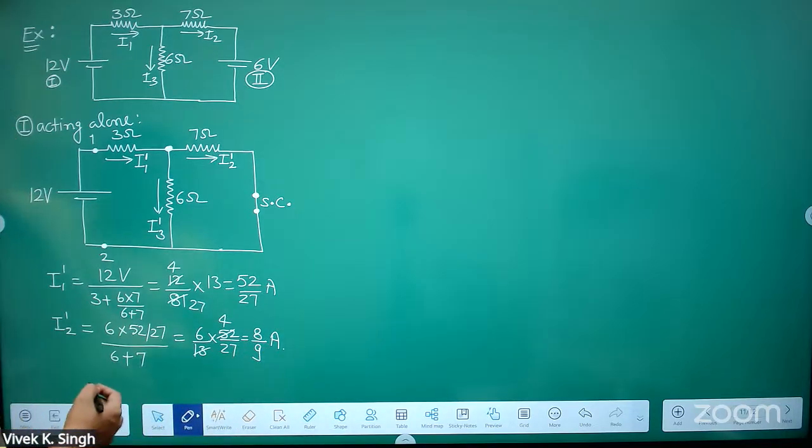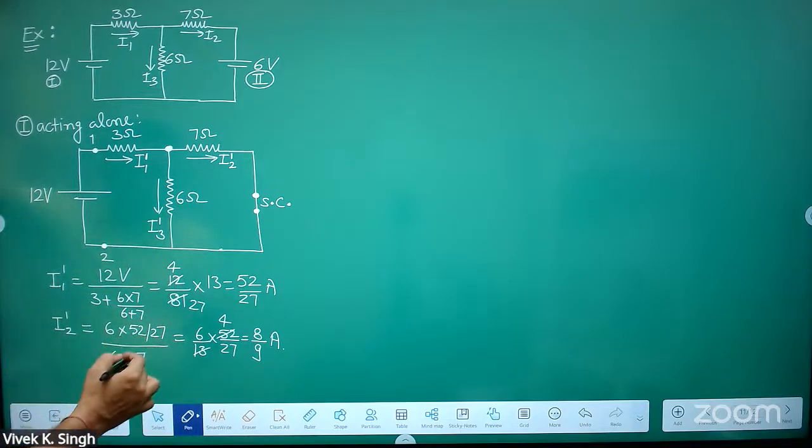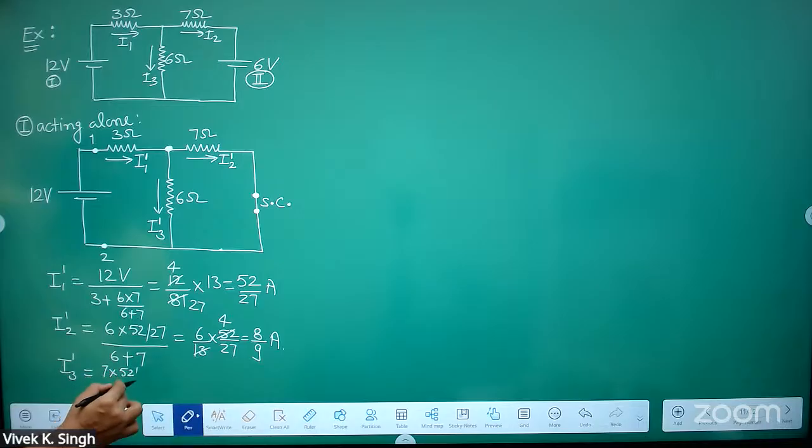And what will be I3 dash? Let's check for I3 dash. I3 dash will be 7 into 52 by 27 by 6 plus 7.